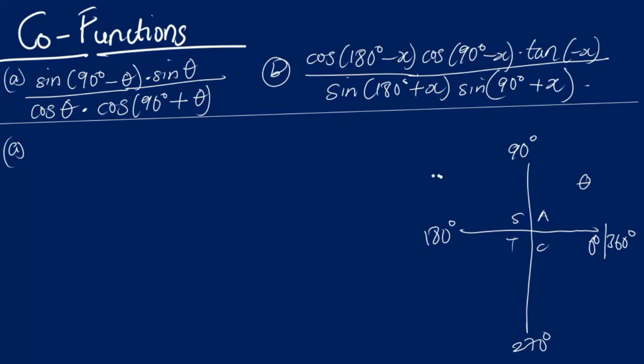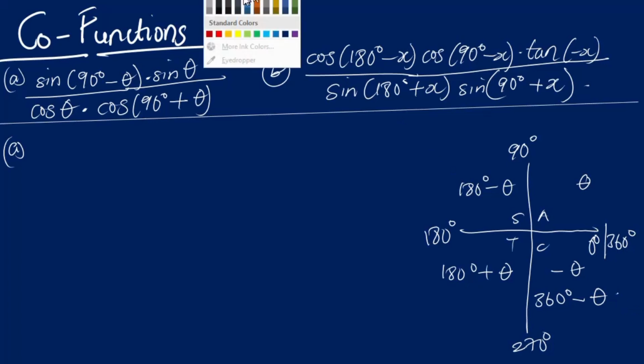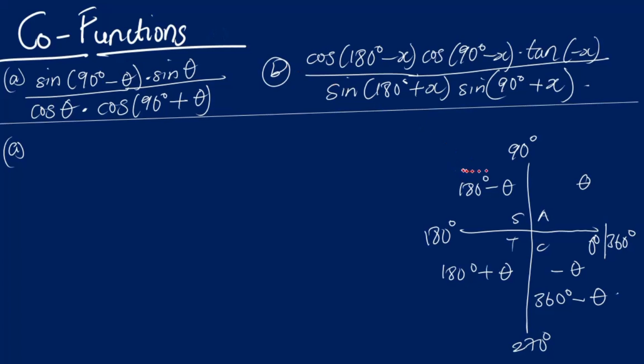This is theta. This is 180 degrees minus theta. This is 180 degrees plus theta. This is negative theta. This is 360 degrees minus theta. Beautiful. Let me put in some red borders around it. It's so beautiful to have it this way. It makes everything look easier, and I don't even struggle.